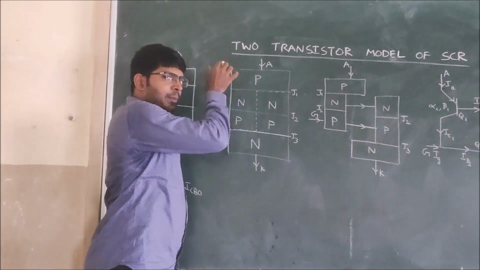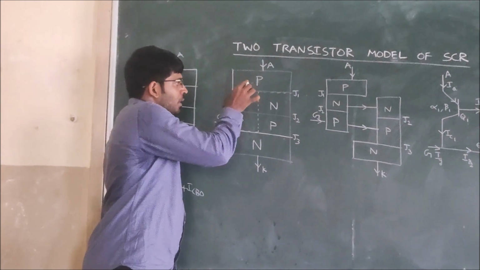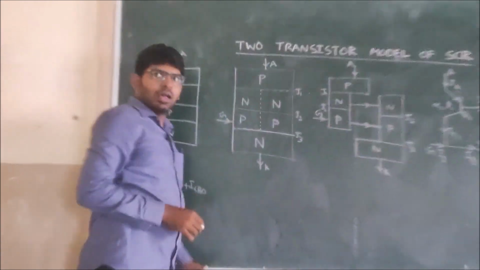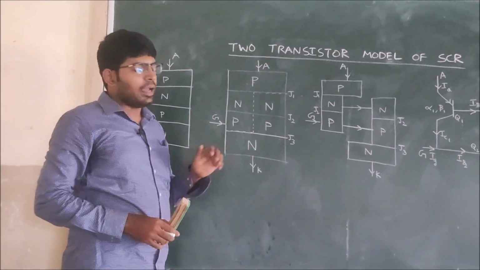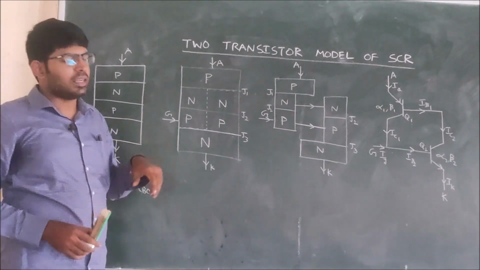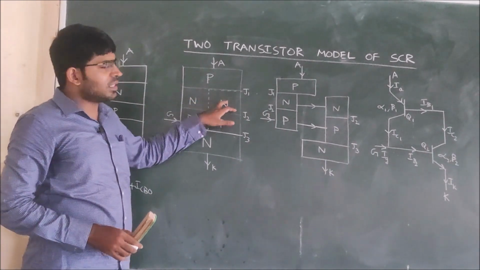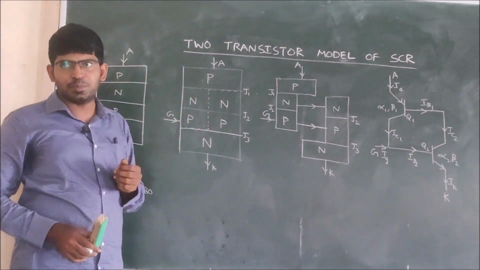This is a P-type region, P layer. We are representing the N layer with a small division. This is one N-type region, this is one N-type region, this is one P-type region, this is one P-type region.